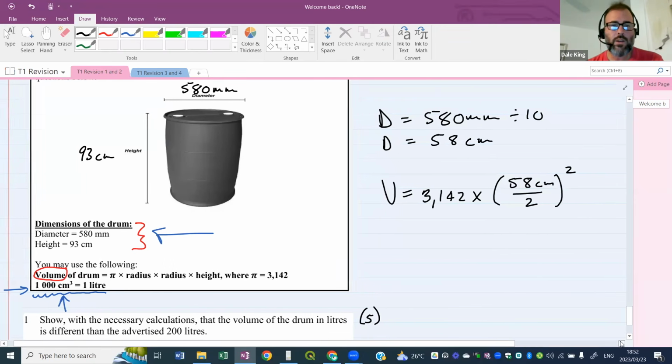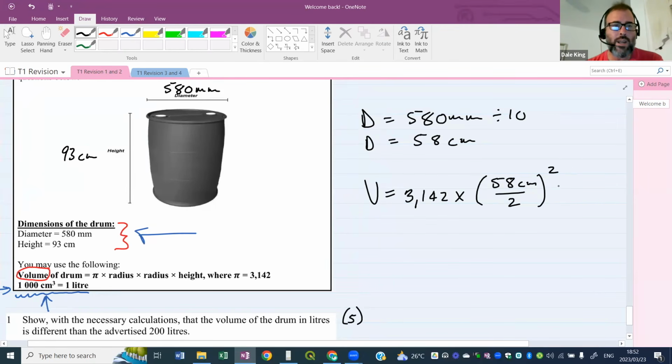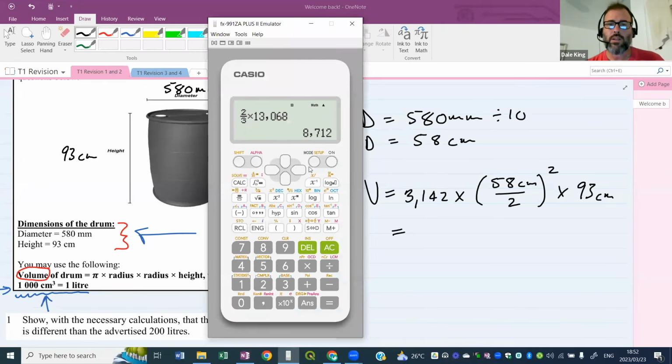Not only that, but I've got to multiply by the height, which is already in centimeters, so I'm safe. I converted my diameter, and it's all in the formula now. Thank you, Sambulo. So this should be ready to go to the calculator.